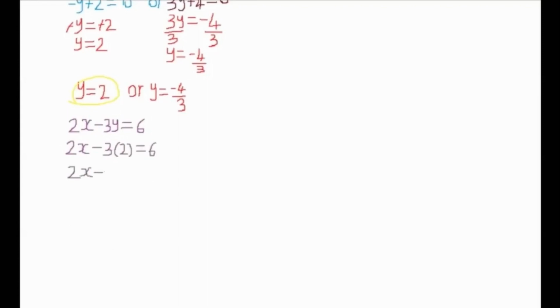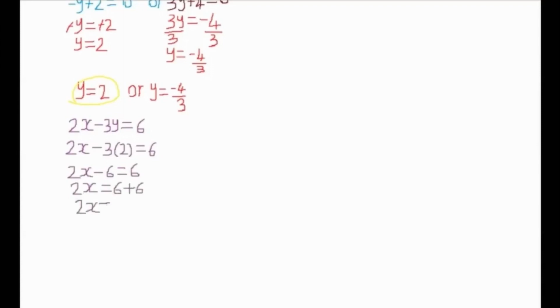So negative 3 multiplied by 2 will be negative 6, is equal to 6. Now let's try to find the additive inverse of negative 6. So the additive inverse of negative 6 is positive 6.